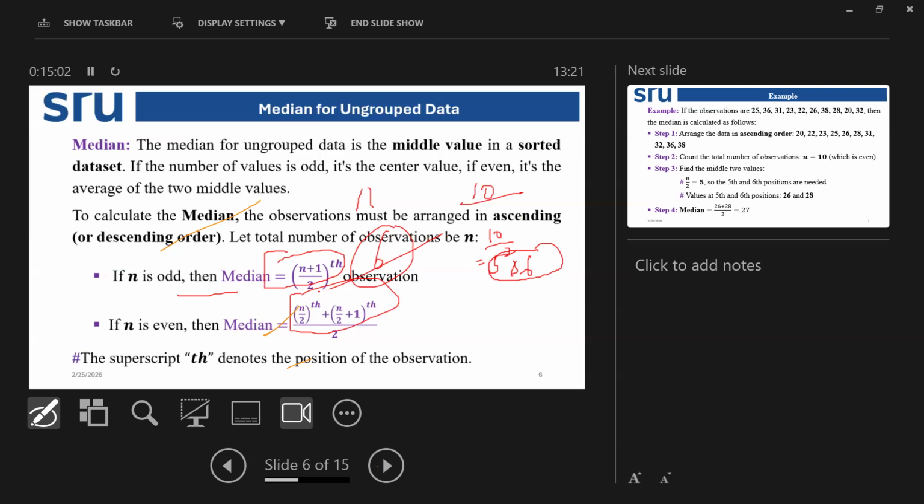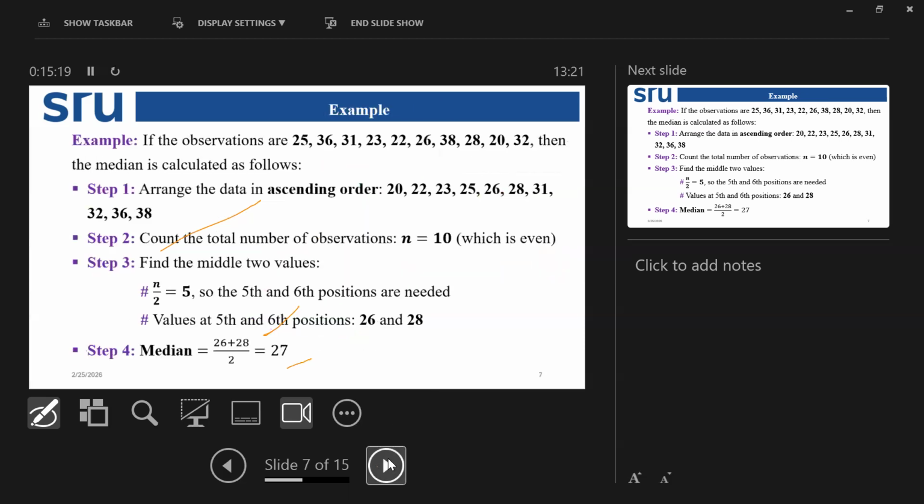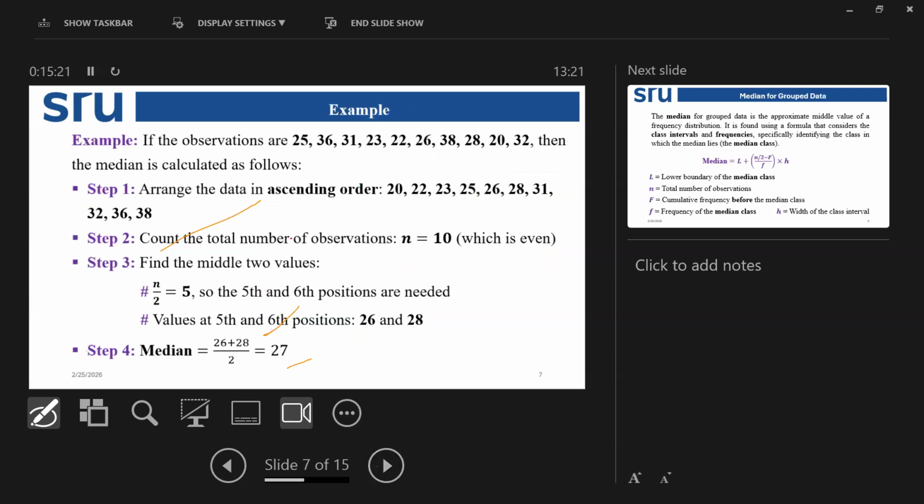Okay? Correct? Is it clear? Any doubt in this? Calculation of median is also done. Next. So these are some of the examples. You can see here, initially they arranged the data in ascending order, and the total observations are 10.